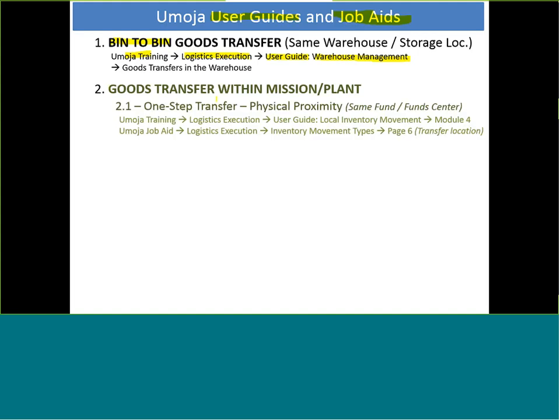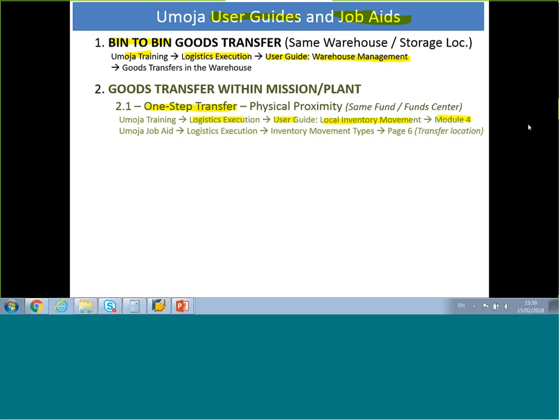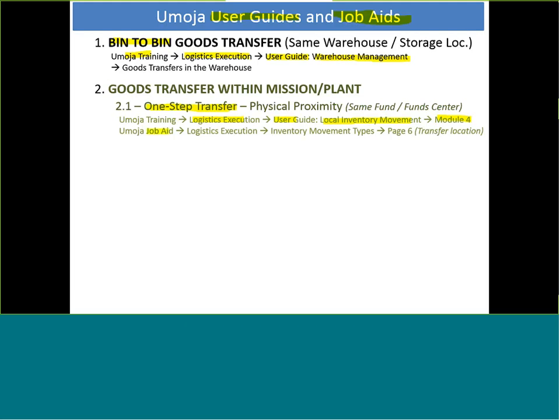Similarly, for the within mission plant, where can you find information about the one-step transfer, the one we reviewed? You can go again to Umoja training, logistics, and there is a user guide that says local inventory movement, okay? In particular module number 4. All right? And there is again a job aid about inventory movement types.